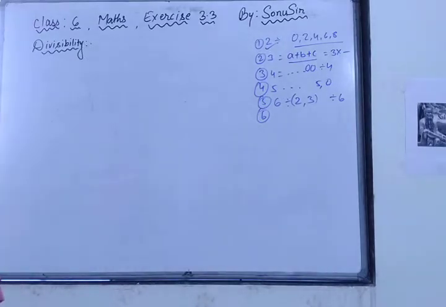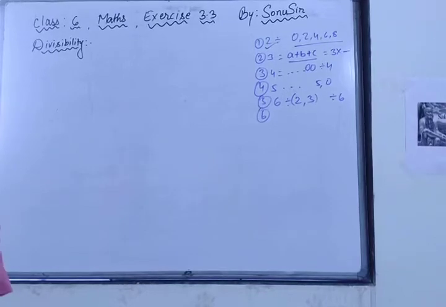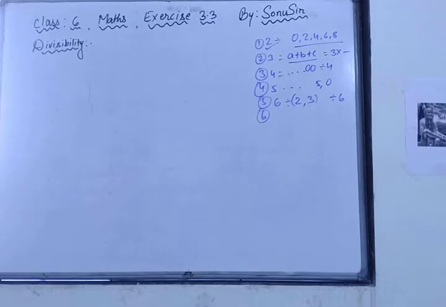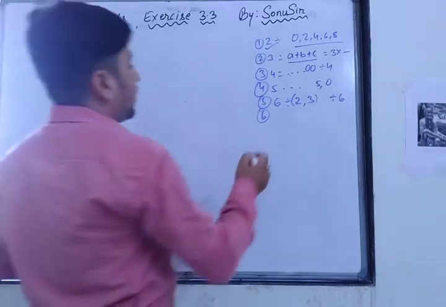After that I informed you about the divisibility of 8. How will you understand whether a number is divisible by 8 or not? The last 3 digits or last 4 digits must be divisible by 8, then that number is divisible by 8, right? Now the remaining two were 9 and 11.